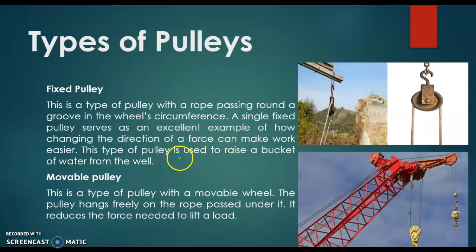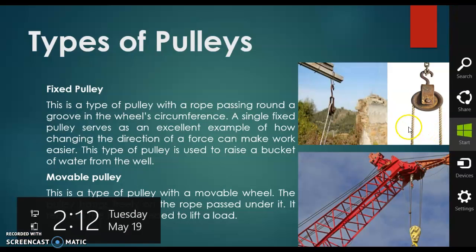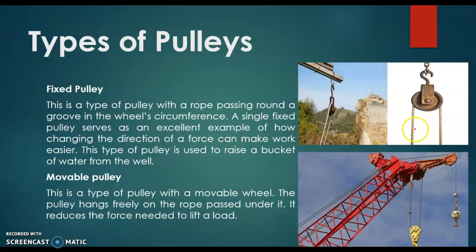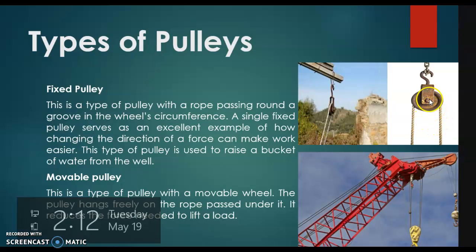This type of pulley is used to raise a bucket of water from the well. If there is a bucket attached to a well that goes down the well on this part, and the bucket is inside the well, and someone pulls on the string here, what happens? The bucket comes out of the well.